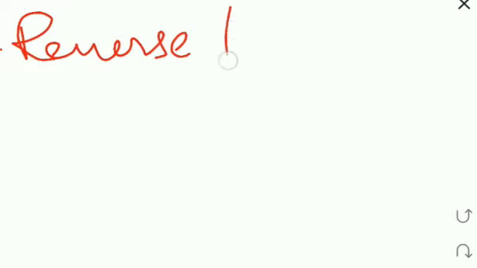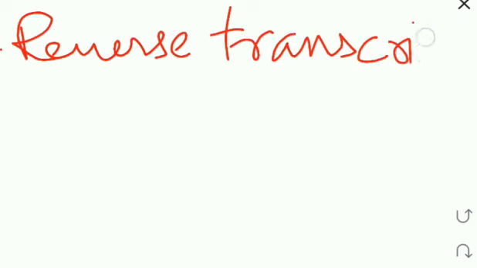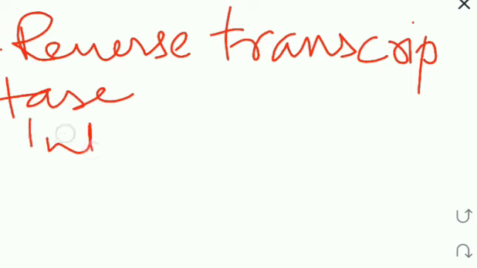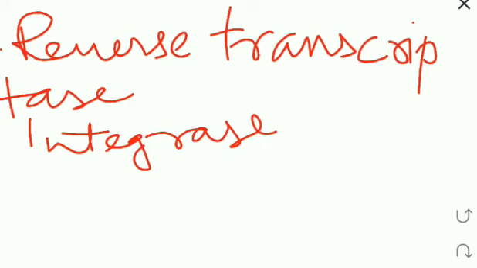The first protein is called reverse transcriptase. The second protein is called integrase. And the third protein is called protease.